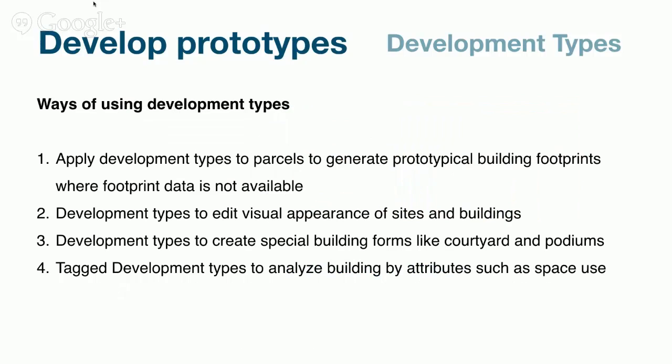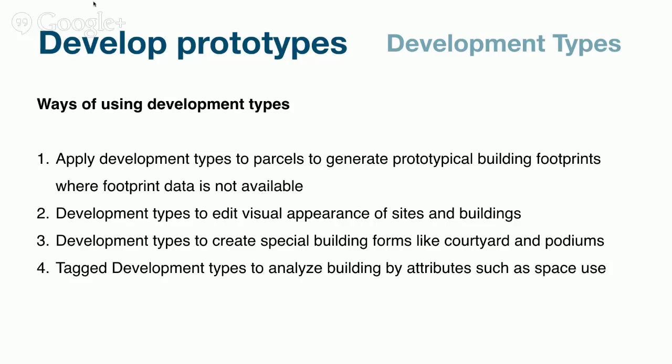So I mentioned earlier we can use development types for different purposes. One is the one I've mentioned at length, is that we don't have specific geometry for a building footprint. You can extract or construct a footprint from the parcel. So the first thing you would do in that kind of situation is apply setbacks to the parcel geometry.